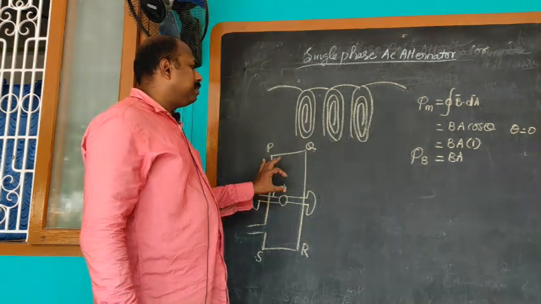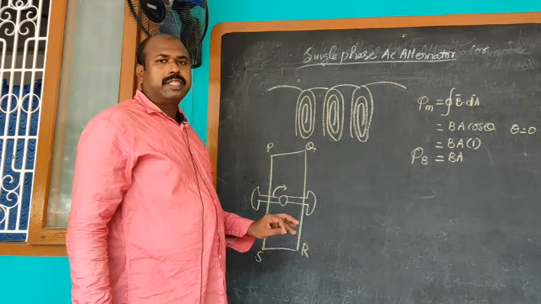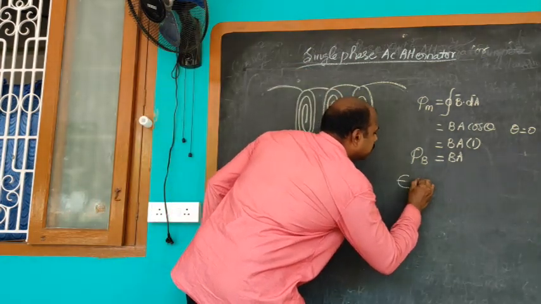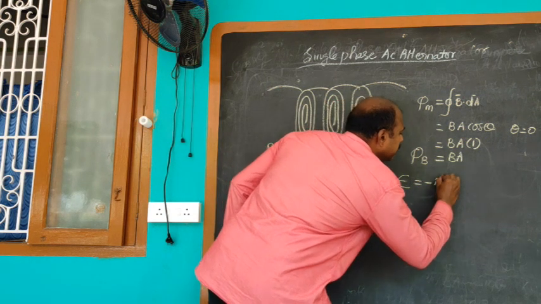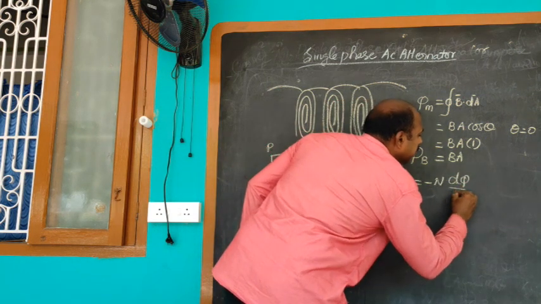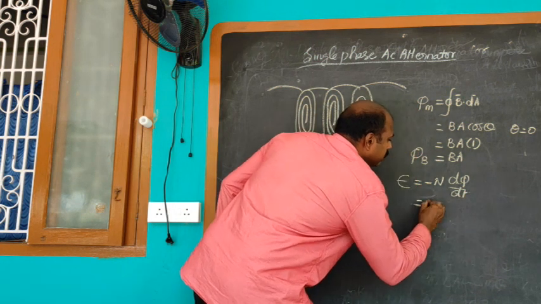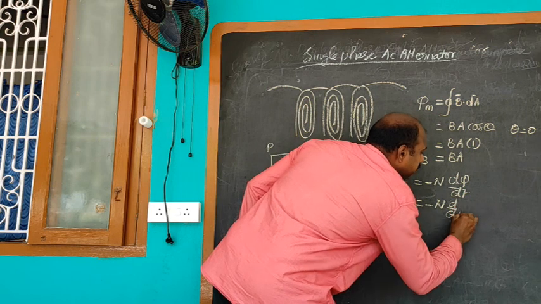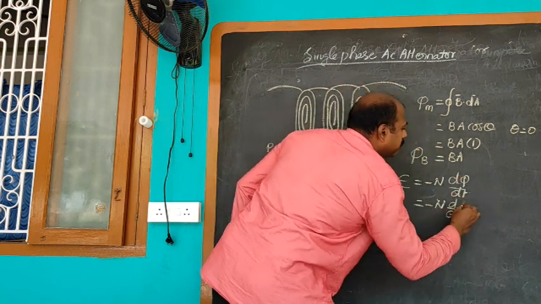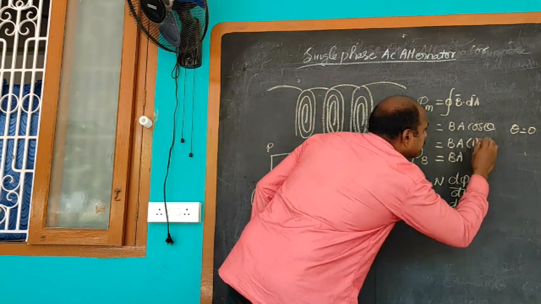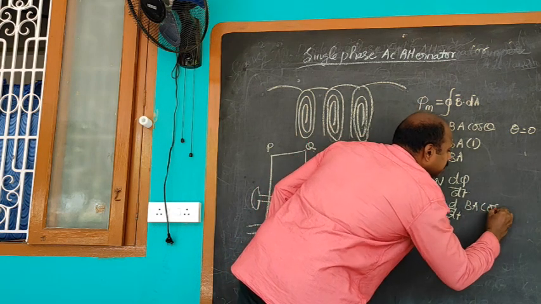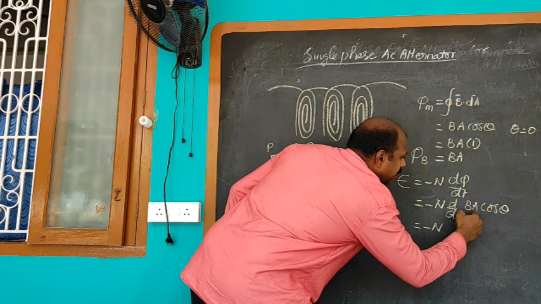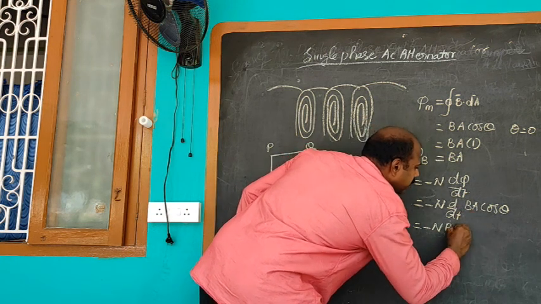If the magnetic flux is maximum, the EMF induced in the circuit will be 0. How? We know the EMF induced in the circuit, E, is equal to minus N d phi by dt, where N is the number of turns. The value of phi is B A cos theta. Take the constants N, B and A outside.